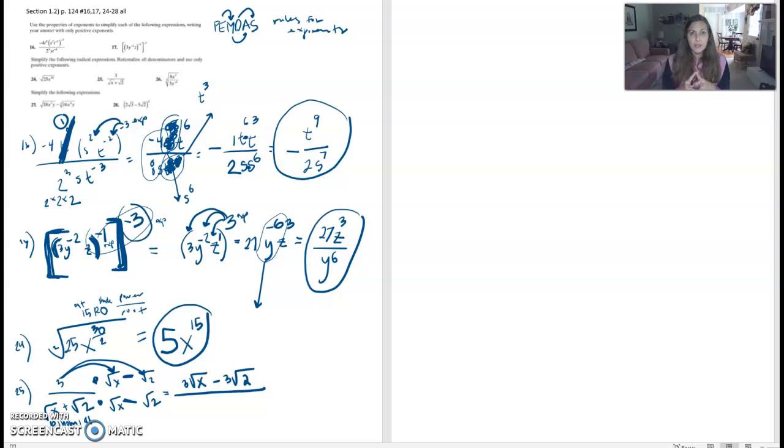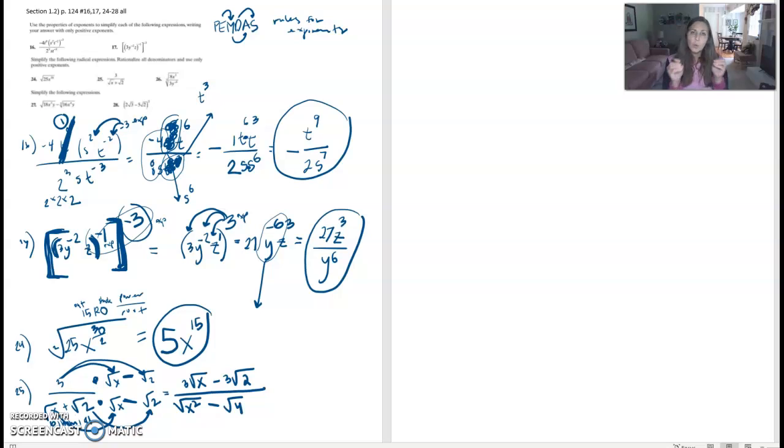If you FOIL them, the outer and the inner will always cancel if they are conjugates, okay? So don't apply it to every single problem in the universe, only conjugates. But the first times the first, radical x times radical x is going to give me radical x squared. And then the last, a positive radical 2 times a negative radical 2 is a negative radical 4.